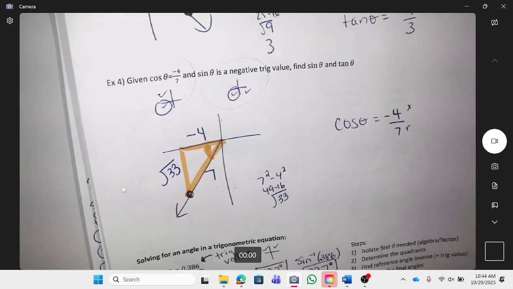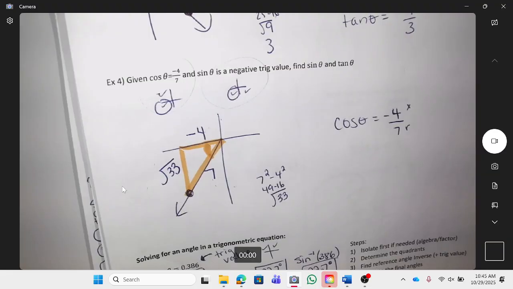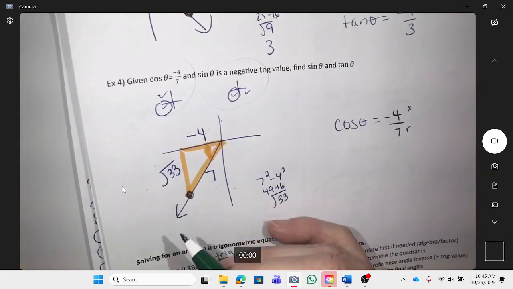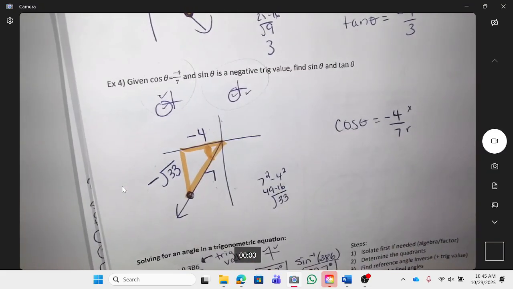But what kind of number is that? You have to think positive or negative. If you're getting to an X or Y value, you have to know if it's positive or negative. Okay, if you're getting an R value, you don't have to think about it, it's positive. So what kind of wall do we want here? I want a negative on that wall, right?